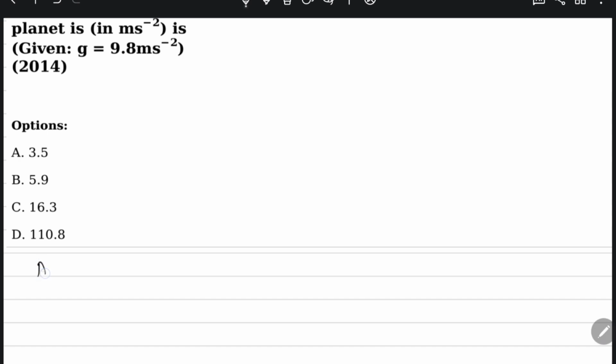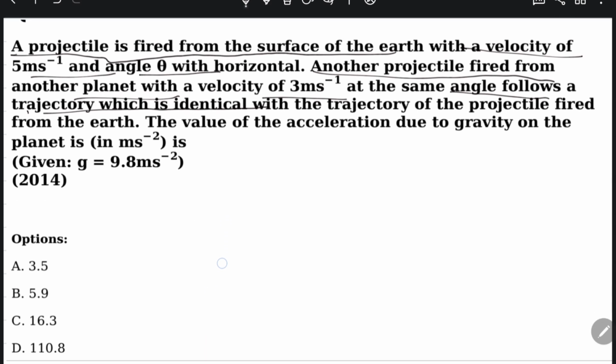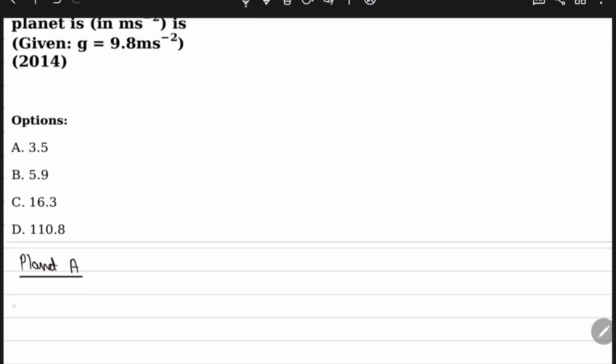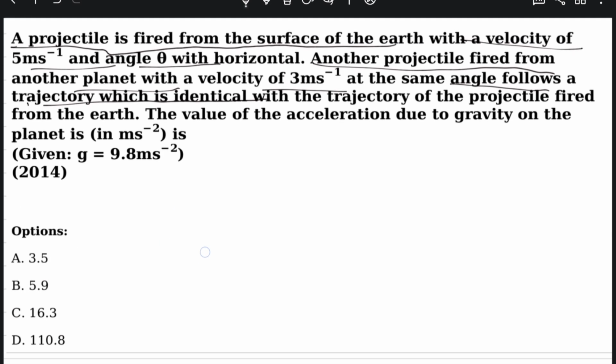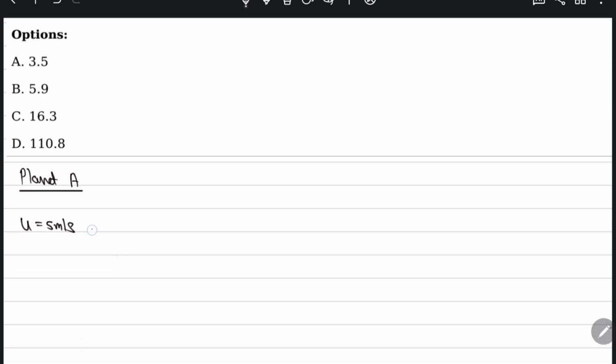Suppose there is a planet A. In this planet, we provide an initial velocity of 5 meter per second at an angle theta, and in this planet the acceleration due to gravity g is 9.8 meter per second square.